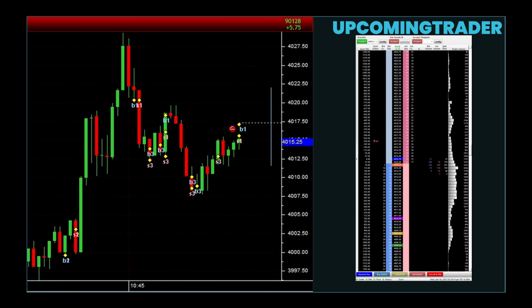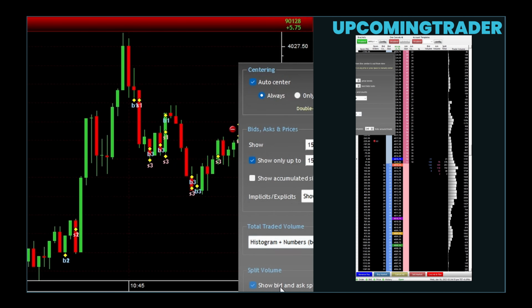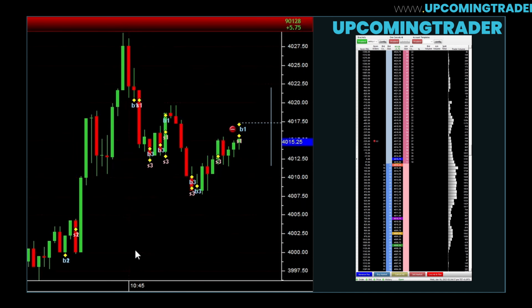You may see an increase in volume during the formation of the second low, suggesting that buyers are stepping in, and a further increase when the resistance level is broken, confirming the uptrend. These patterns help traders understand when a trend is weakening and might reverse, offering opportunities to capitalize on significant market moves.